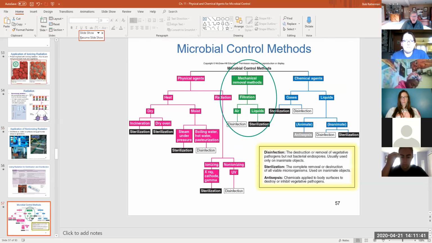I think with respect to chapter 11, this is that overarching slide that I remember going through with you guys when we first introduced this topic. This is just a nice flow chart, and it brings back in one fell swoop the 3 major control mechanisms or agents. So you can always go back to that to get the big picture.